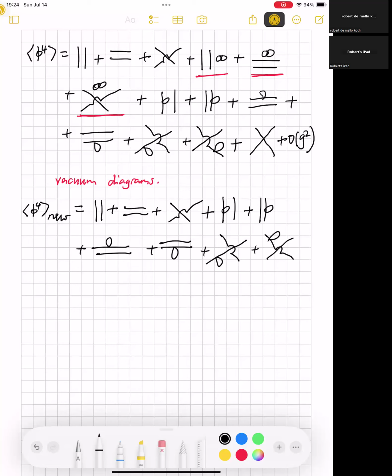Good. And just this. Good. So I hope that that's clear. That's just applying the rule that we just derived.